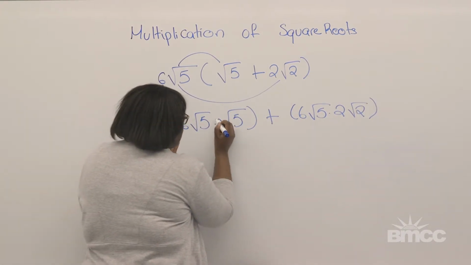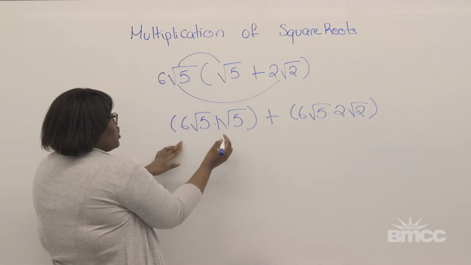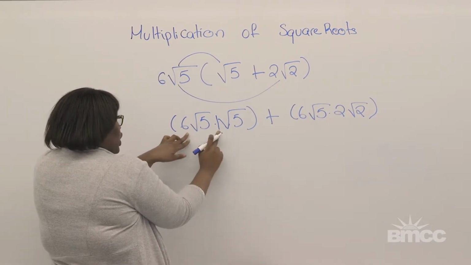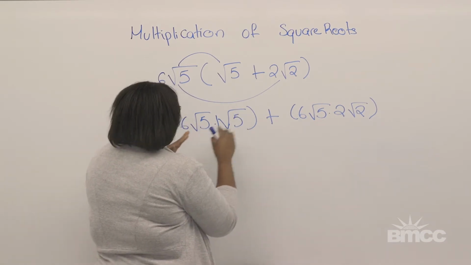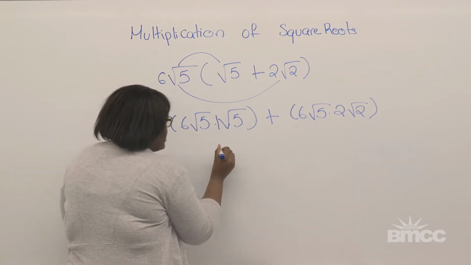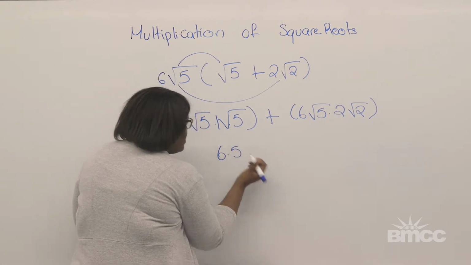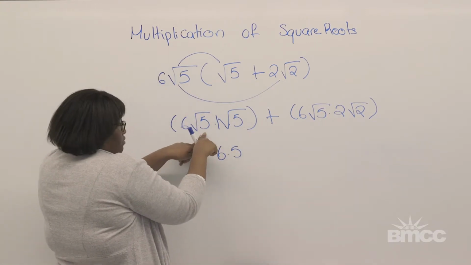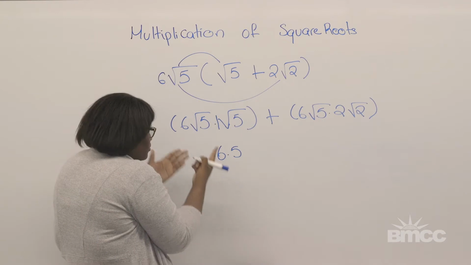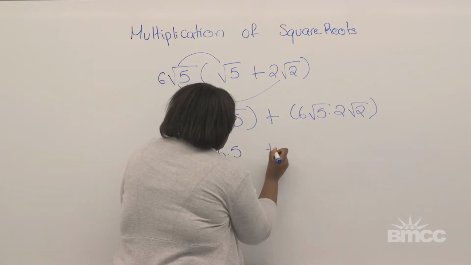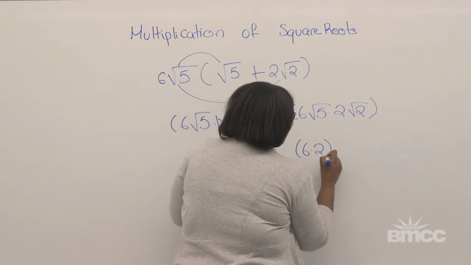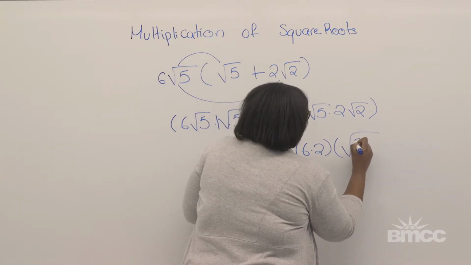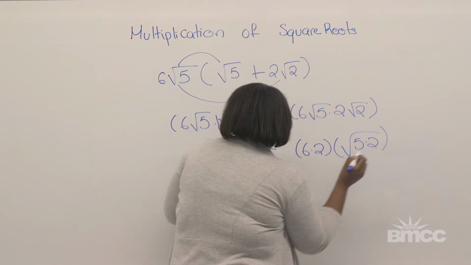Again, we know there's an imaginary 1 here, so we only multiply the coefficient by coefficients and number that's under the radical by numbers under the radical. So this we know is going to be 6 times 5, which we get because we have radical 5 times radical 5, which will just be 5, plus this should just be 6 times 2 times radical 5 times 2.